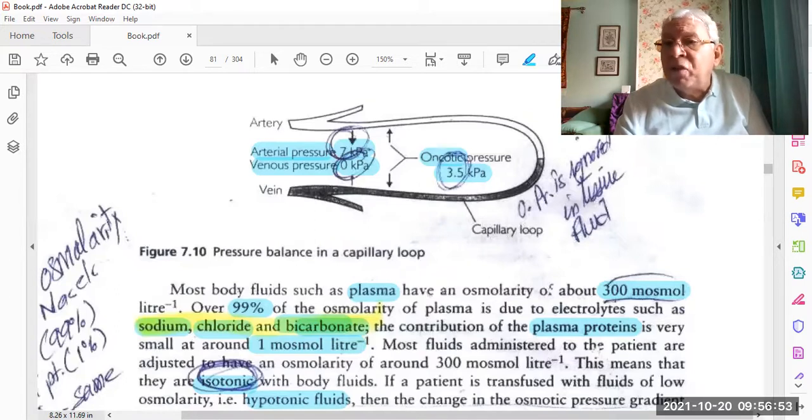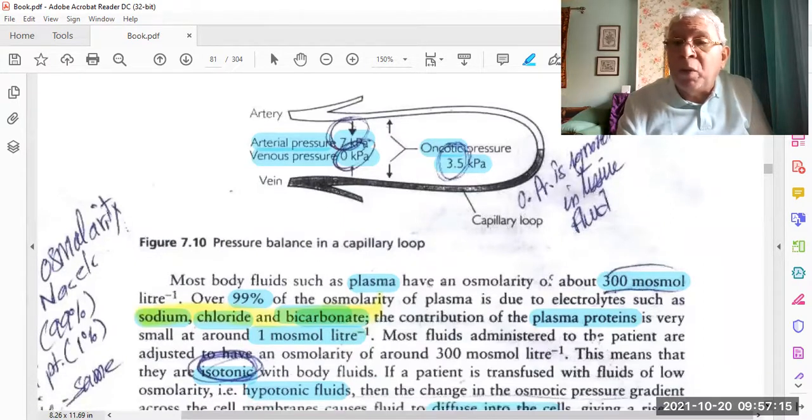And then after the tissues are nourished, the fluids are taken back against a pressure gradient, 0 and 3.5 accordingly. So if you have a very low plasma protein, it will affect this drainage, and it will lead to what we call edema.